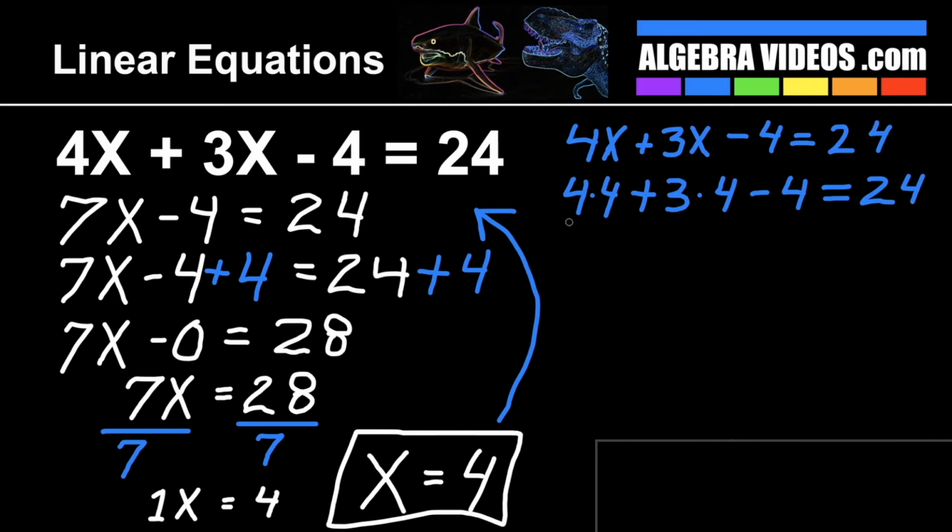So now we just simplify again, and we know how to do multiplication and division, right? So this part's easy. 4 times 4, that's 16, plus 3 times 4 is 12, and then minus 4, just bringing it down from above, equals 24.